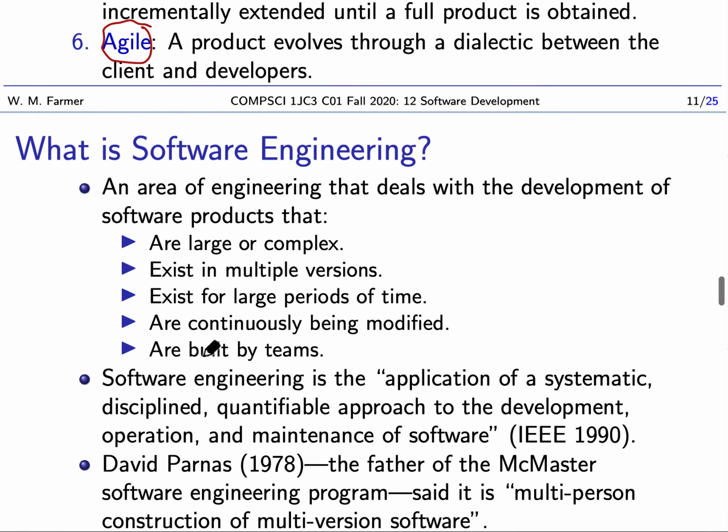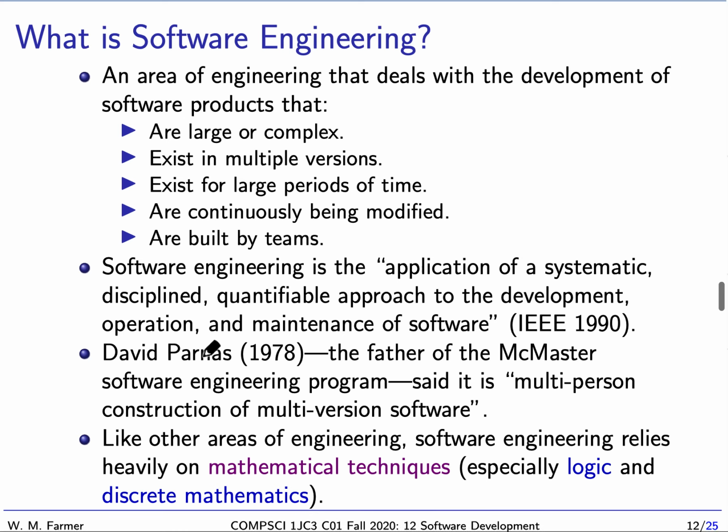Okay, so let's move on to a big question. What is software engineering? It's an area of engineering that deals with the development of software products, but not just any software products. Lots of people develop software products, but where you really need software engineering are products that are large or complex.